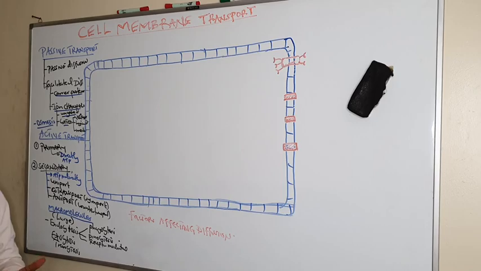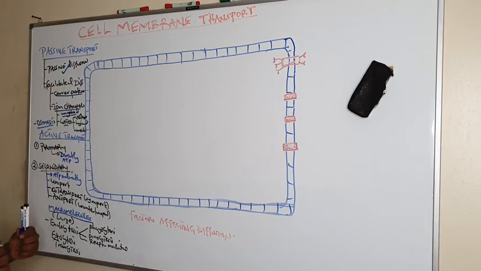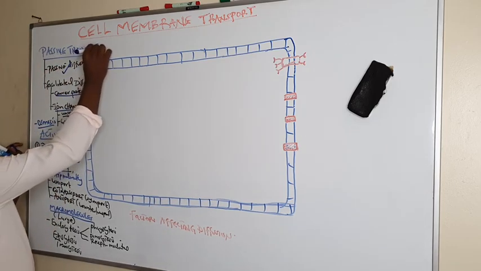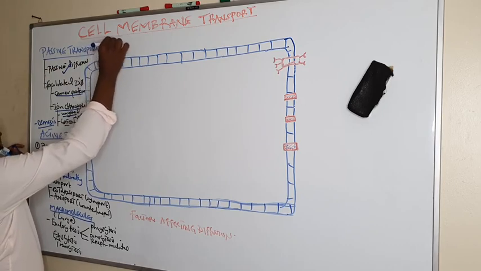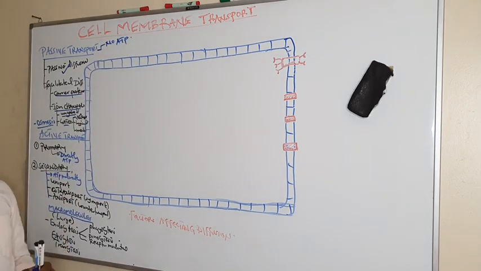Under passive transport, we have category 1, passive diffusion. But before we go to passive diffusion, what is the meaning of passive? Here, passive means no ATP is involved, no energy is needed in the form of ATP.